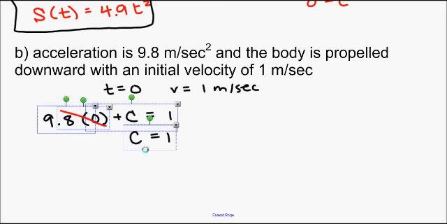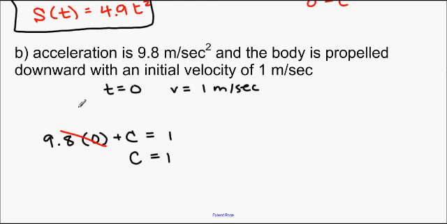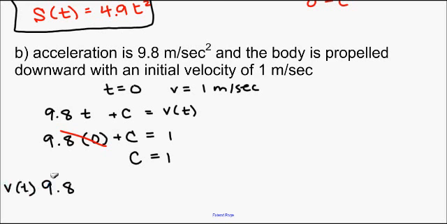If you're wondering where these numbers came from, remember we had the formula 9.8 t plus c. So this is our velocity. Now we end up with v of t equals 9.8 t plus 1.